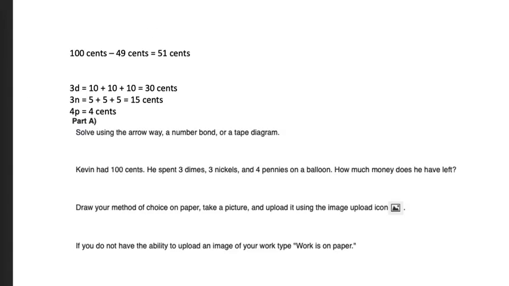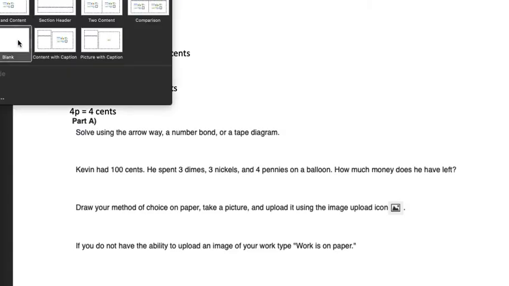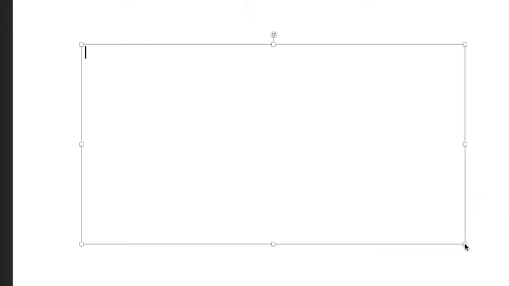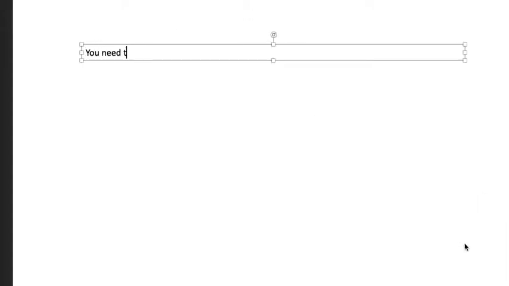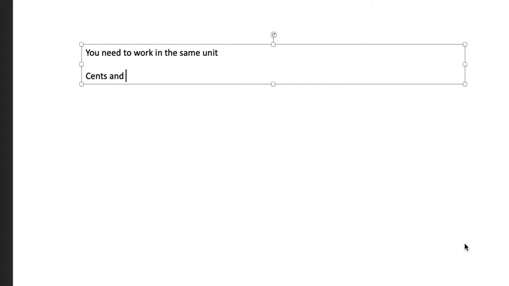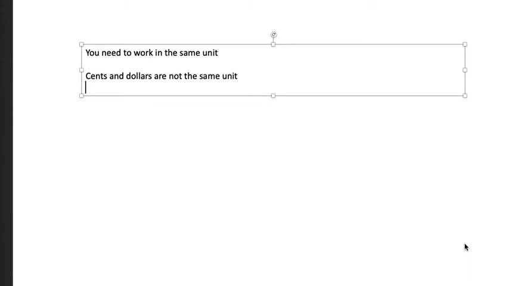Okay, the most important thing to remember from today's lesson is you need to work in the same unit. Cents and dollars are not the same unit. So if you want to work in cents, you need to change everything over to cents.